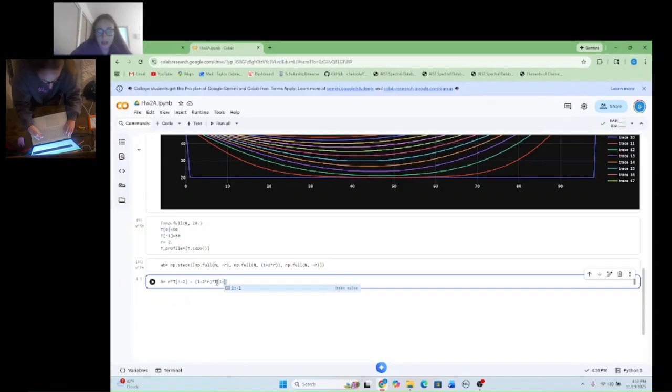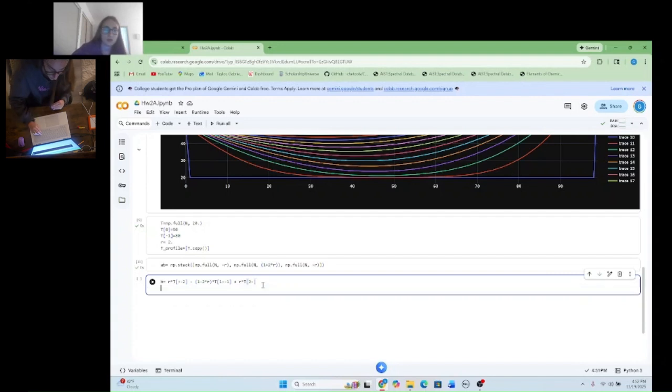And then we're going to exclude the first one and the last one on that one. And then plus, and then this one we're going to have r times t. We're going to exclude the first two, right? Okay, so that is our B.